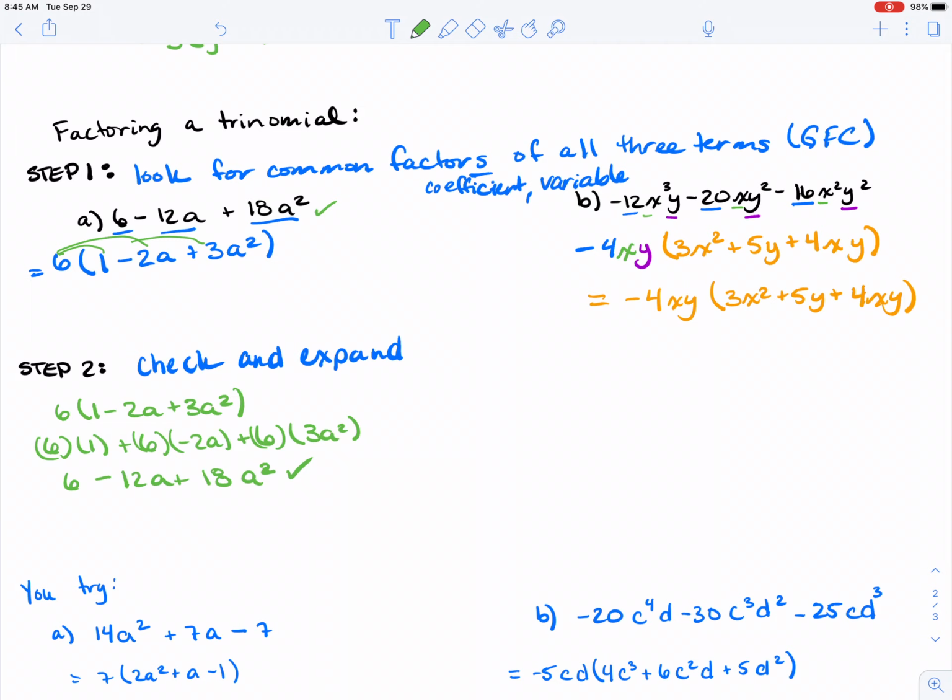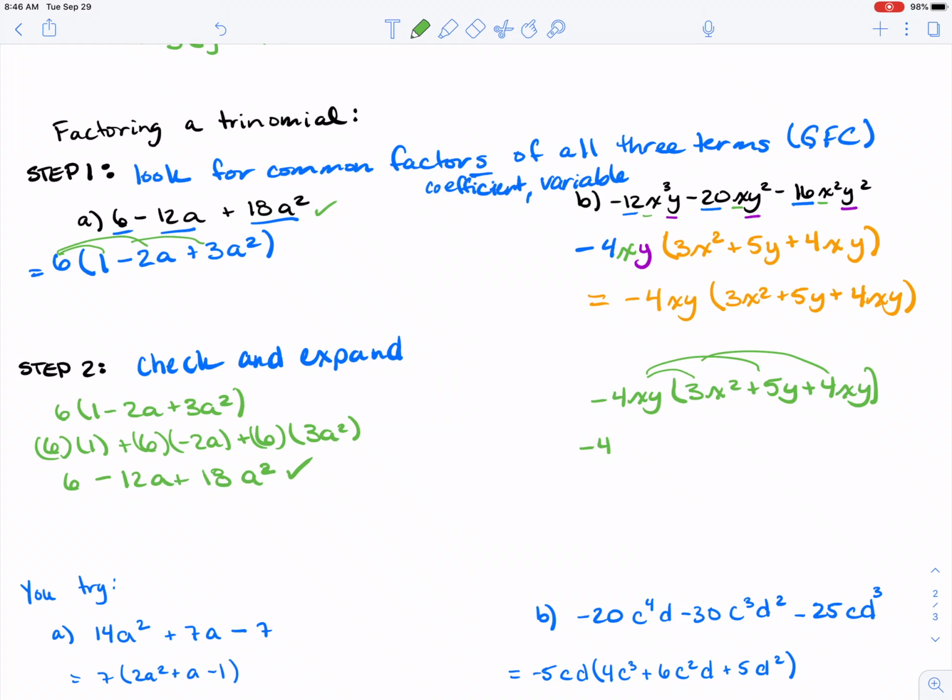So I said that when I factored it, I got minus 4xy multiplied by the trinomial 3x squared plus 5y plus 4xy. So now I'm going to distribute my 4xy amongst my trinomial, and we'll see if I get the answer that I started with in the question above.